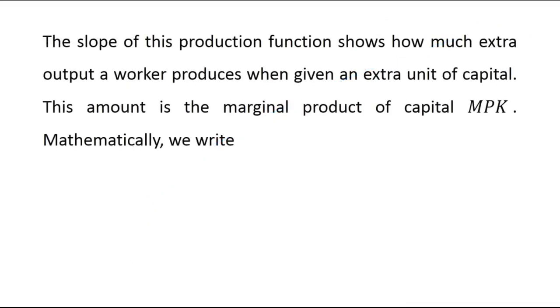The slope of this production function shows how much extra output a worker produces when given an extra unit of capital. This amount is the marginal product of capital, denoted by MPK.